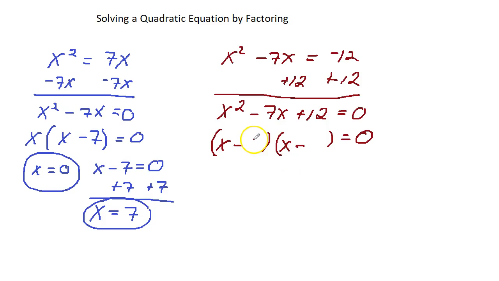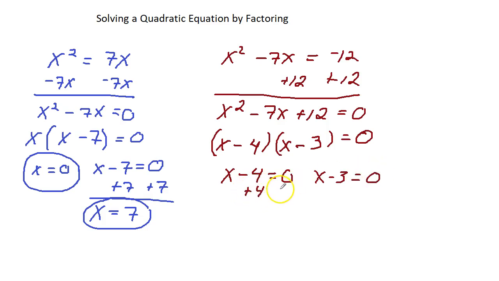Well, 4 times 3 makes 12, and when you add 4 to 3, you get 7. So 4 and 3. x minus 4 and x minus 3 are my factors. I take each factor equal to 0, so x minus 4 equals 0, and x minus 3 equals 0.